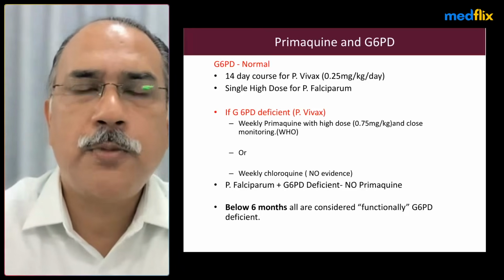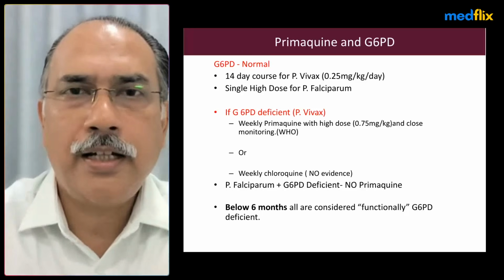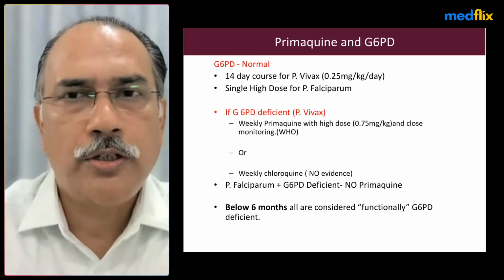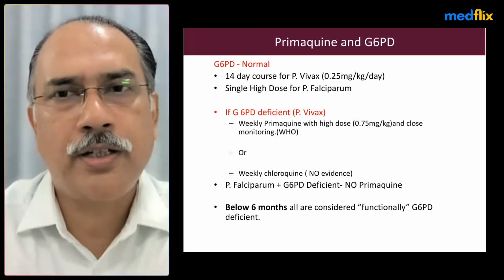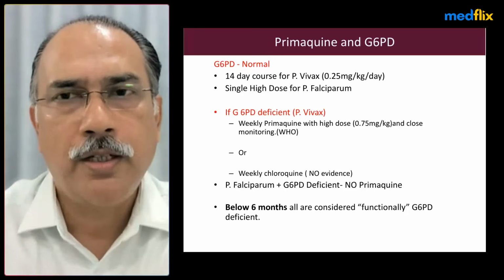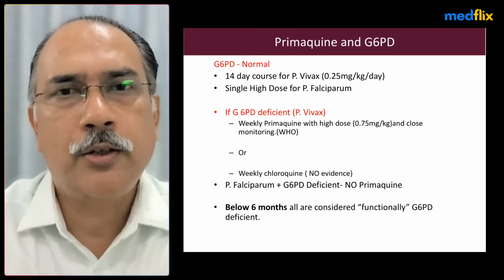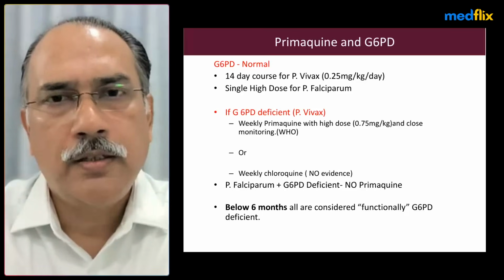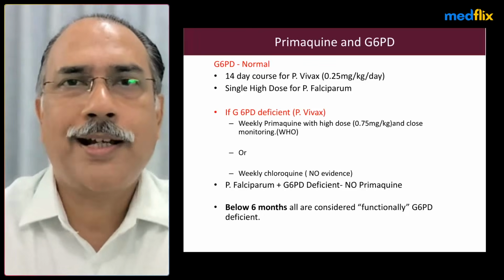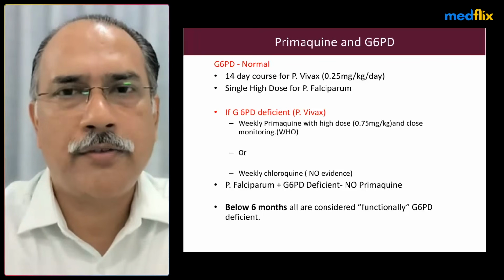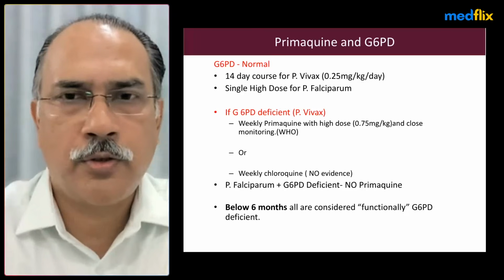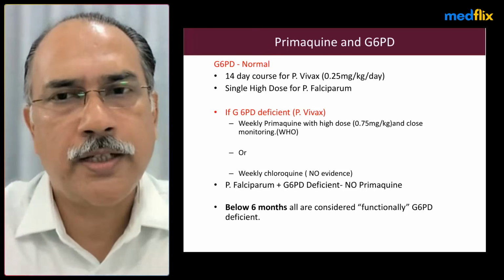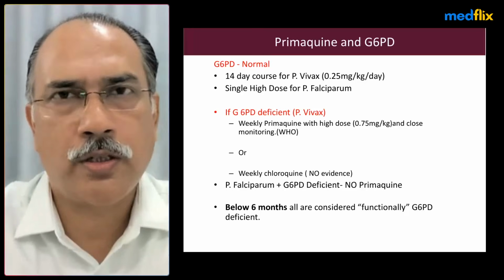If the child is G6PD deficient and has P. vivax infection, as per WHO, you can give a higher dose, 0.75 milligram per kilogram once a week with close monitoring, rather than giving a daily small dose. The weekly chloroquine, which many of us have used earlier, actually has no evidence base. If it is falciparum and the patient is G6PD deficient, there is no need to give primaquine.